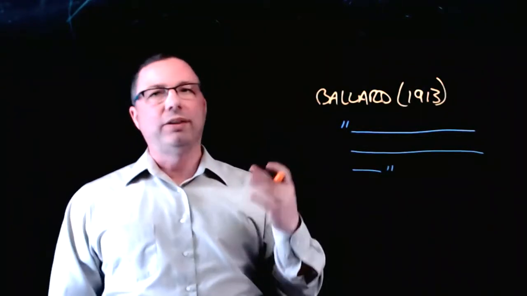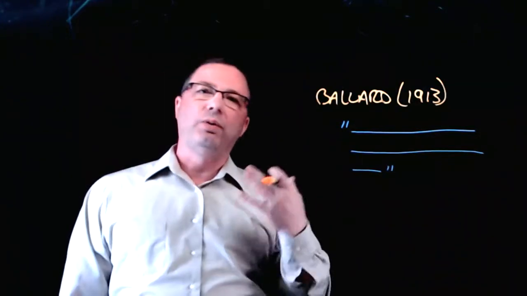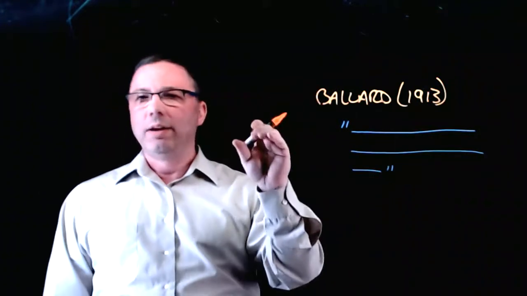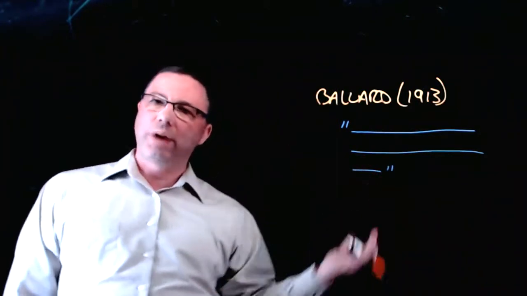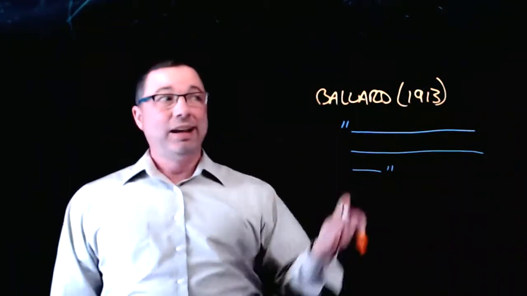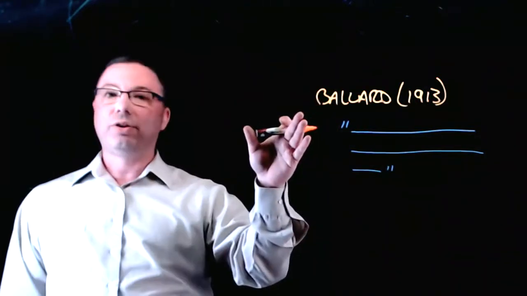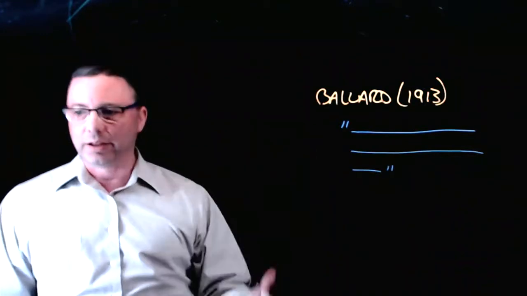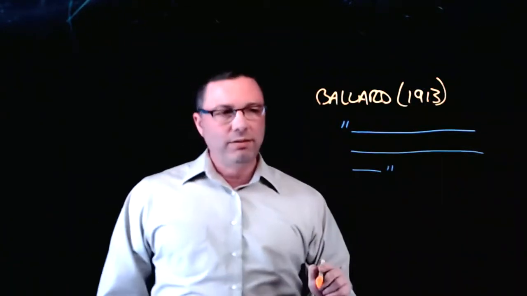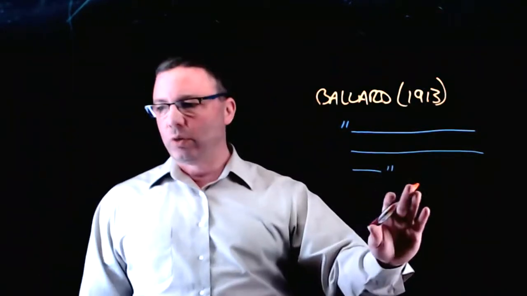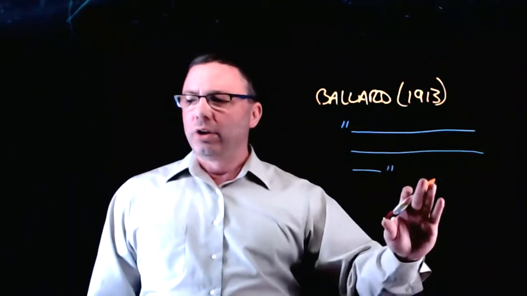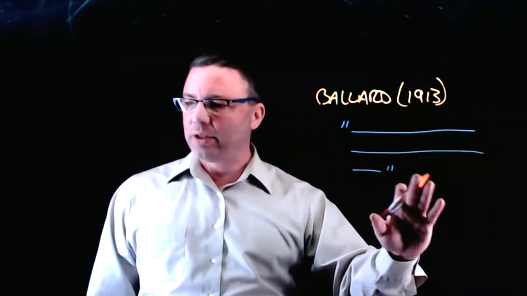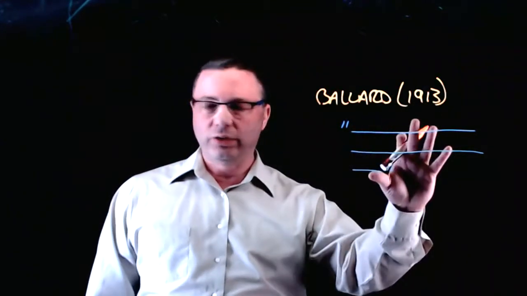So we need to use Ballard as a signal phrase to let the readers of our papers know that this quote came from Ballard. But how do we connect that with our references section down below? Again, unless you go read Ballard 1913, you can't put it in your references section, but there still has to be a clear connection. And the way we do that is after your quote, you're going to put a page number, but we put something special in this because this is a secondary source.